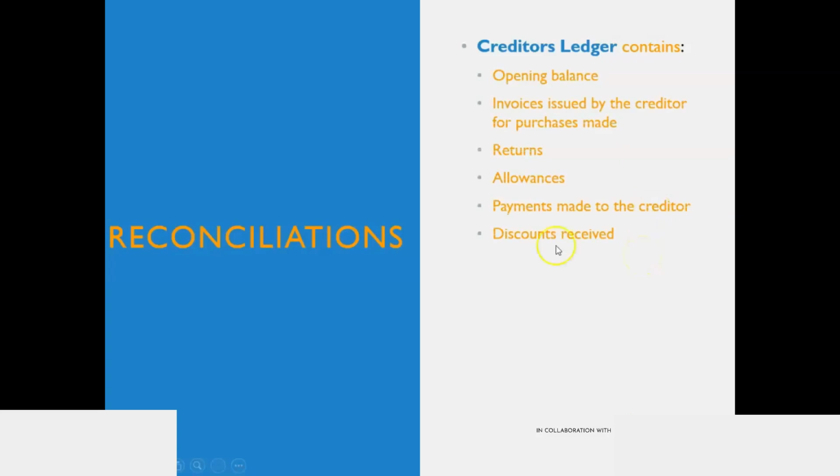it has the invoices issued by the creditor for purchases made, any returns, any allowances, and even payments made to the creditor and discounts received.